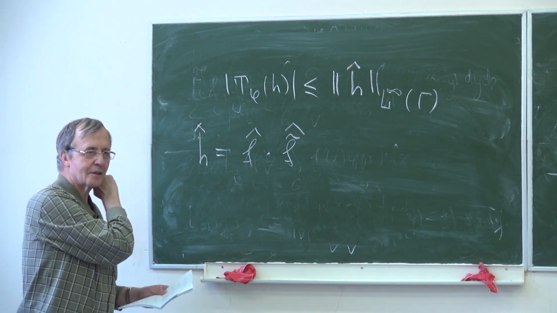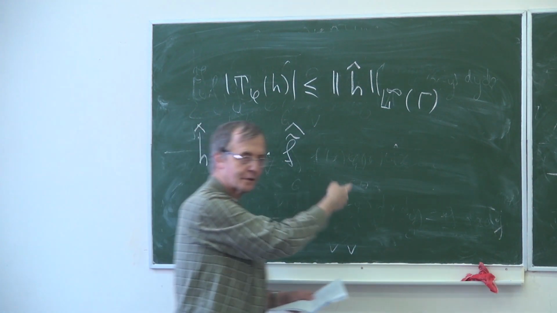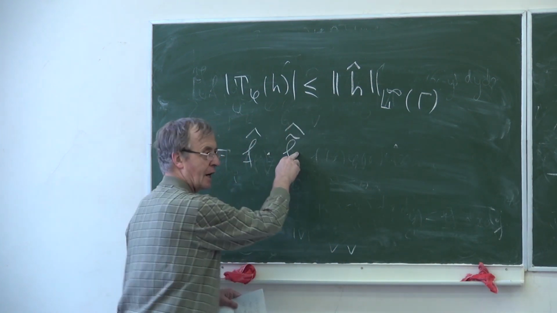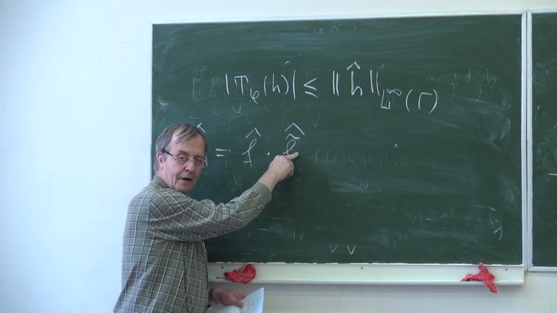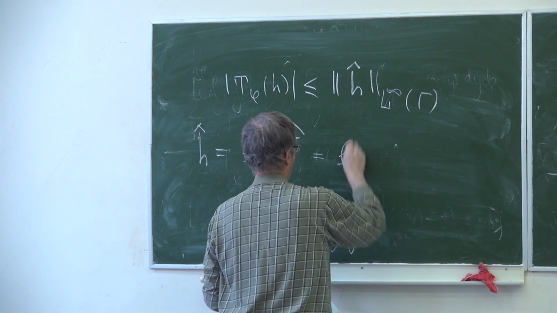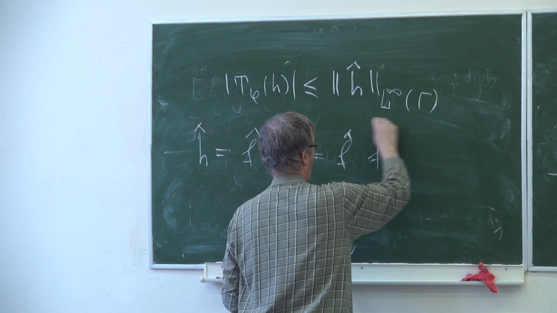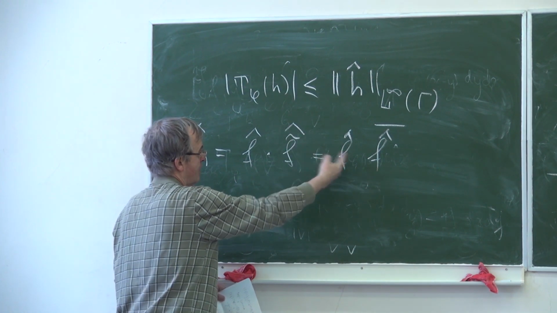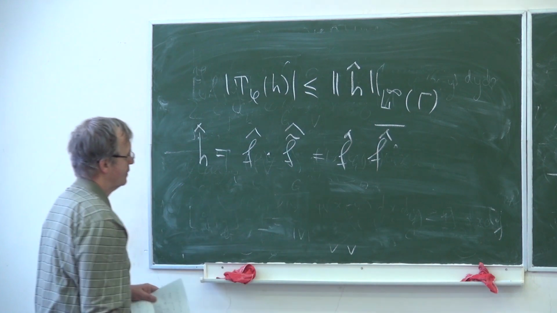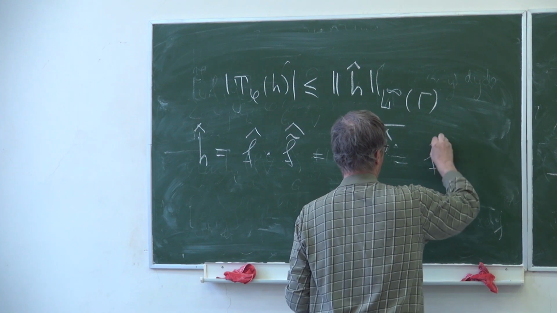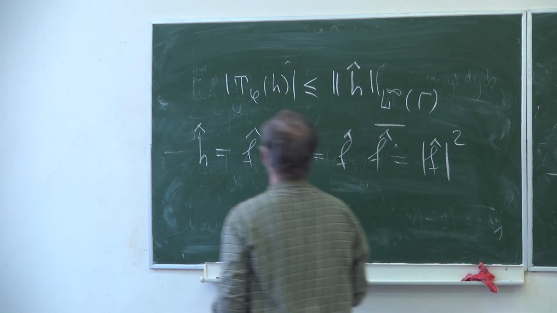Yes? Because it's convolution and our Gelfand transformation is multiplicative. Now we already calculated that f tilde hat is equal to f hat bar. Yes? So this is f hat times f hat bar. We already made this calculation, but if you don't remember, this is very, very easy. Well, you just write it, and so this is f hat absolute value squared.